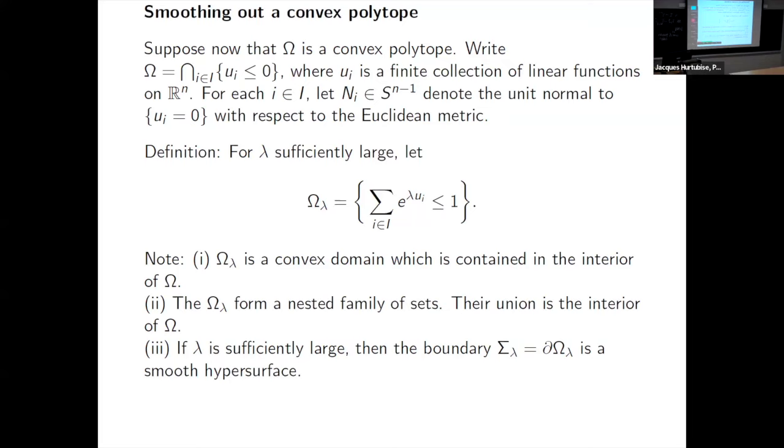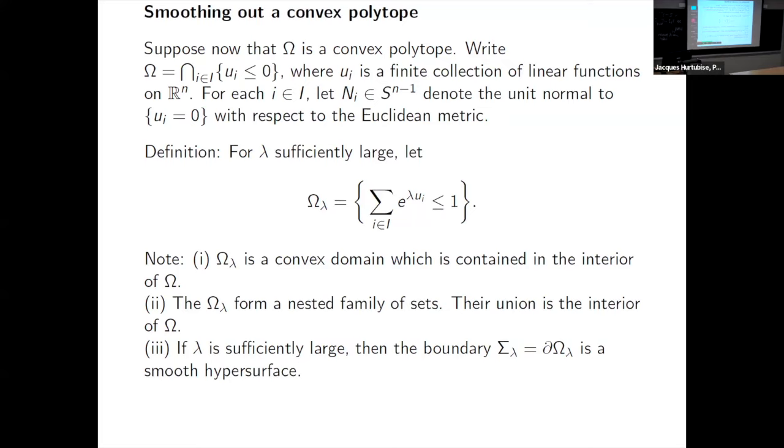So you look at the set where the sum is less than or equal to 1. And so then this is a sublevel set of a convex function. So it gives a convex domain. It's smaller than omega. It sits in the interior of omega. And then these omega lambda form a nested family of sets, and their union is the interior of omega.